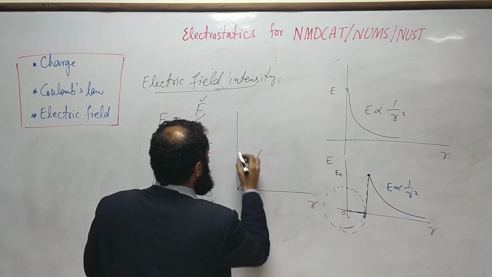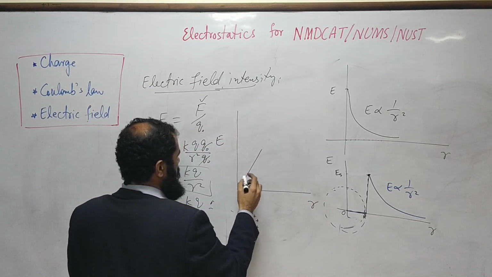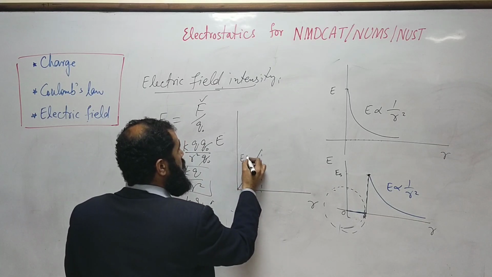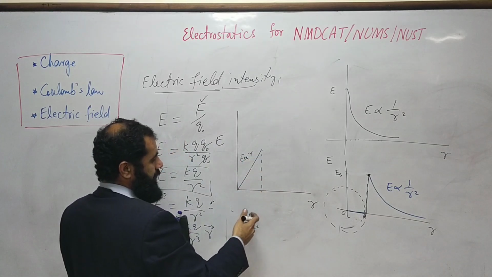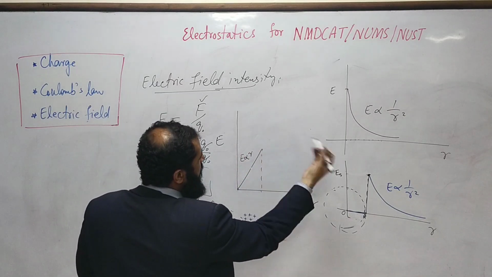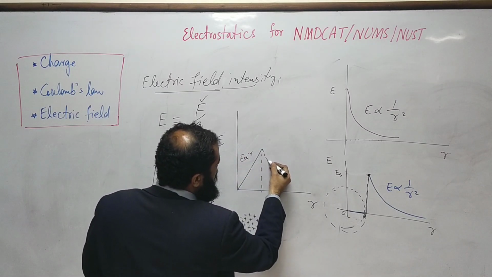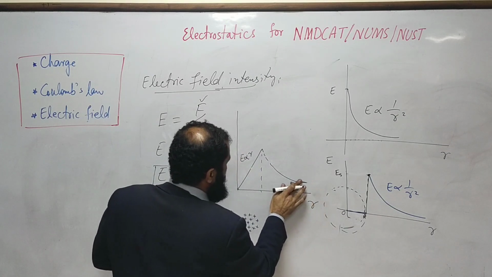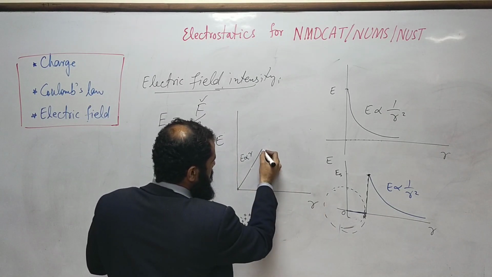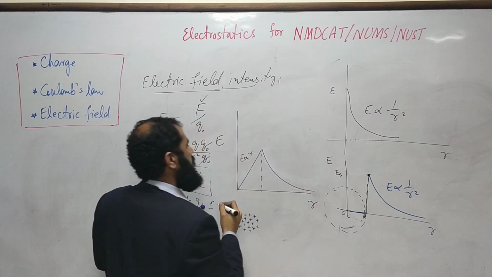This is R, this is E. So inside that sphere, E is proportional to R. It is maximum at the surface, and once again outside that surface the field is like this. Let me change it a bit. Like this.